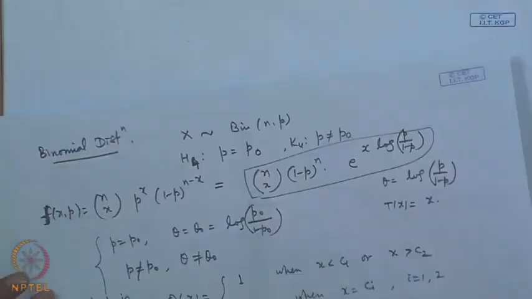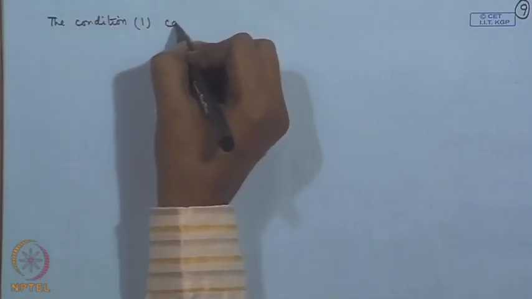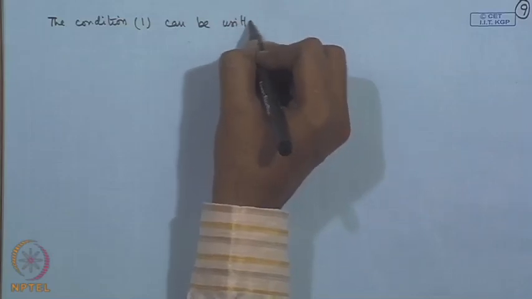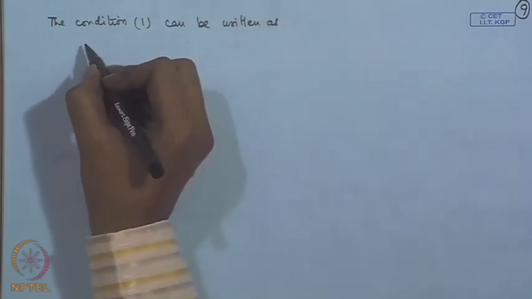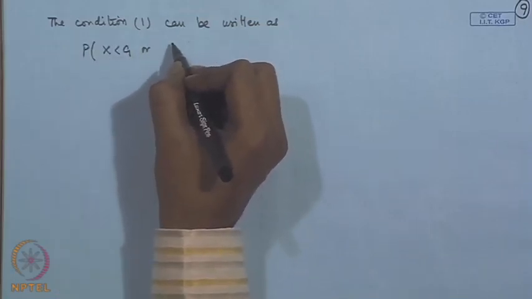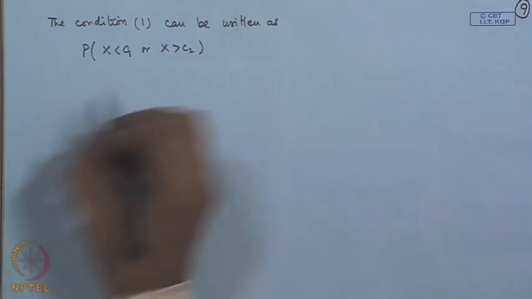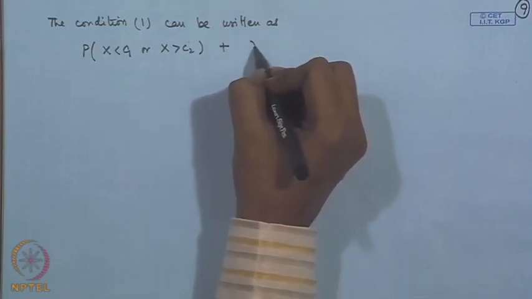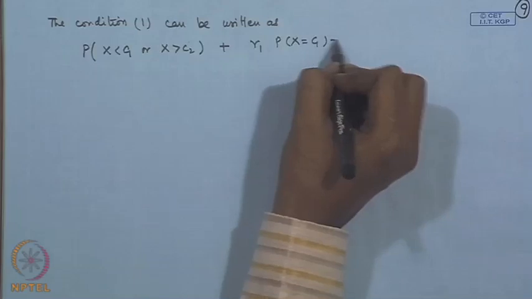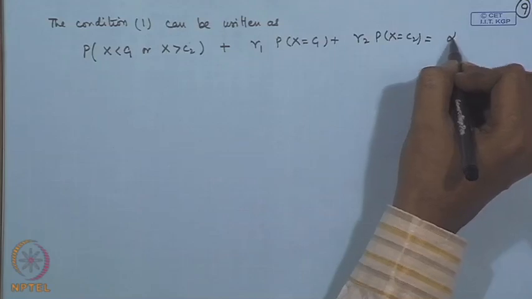Let me write down these conditions in detail. The condition 1 can be written as probability of x less than c 1 or x greater than c 2, plus gamma 1 probability of x equal to c 1, plus gamma 2 probability of x equal to c 2, is equal to alpha.